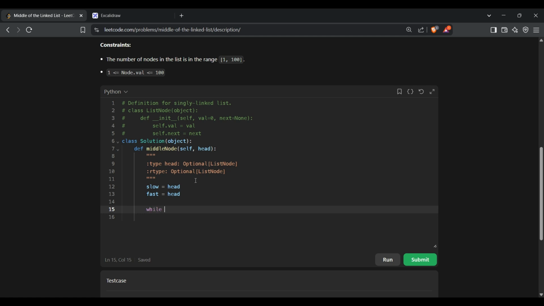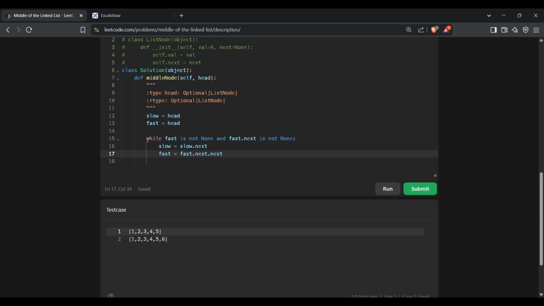While fast is not none and fast dot next is not none, slow will move once, slow dot next, and fast will move twice, that means fast dot next dot next. Therefore, when this loop terminates, the node on which slow is pointing will be the exact middle. That means we can return slow directly after the loop.